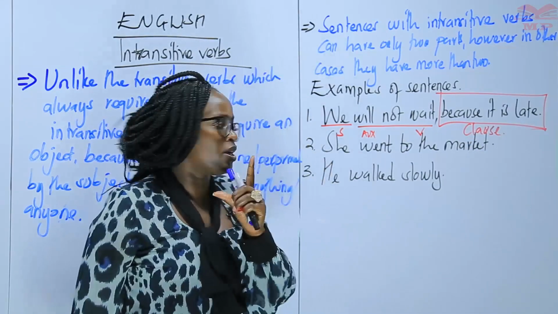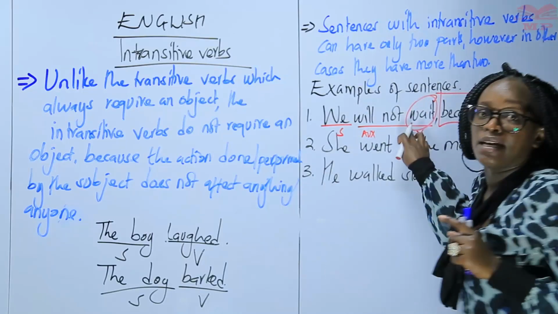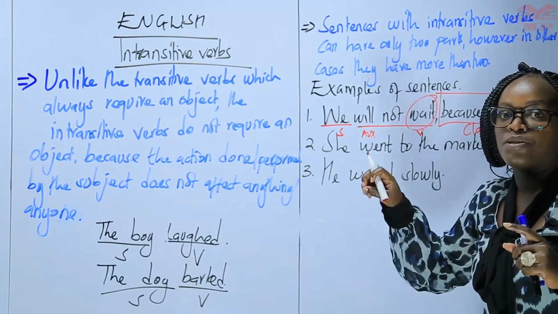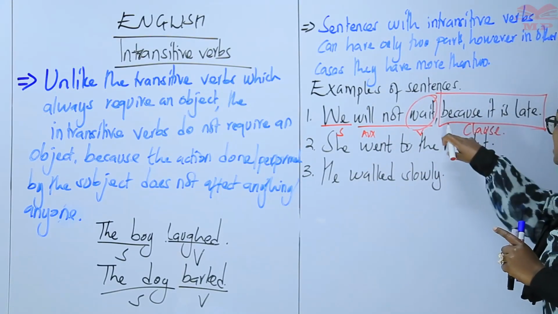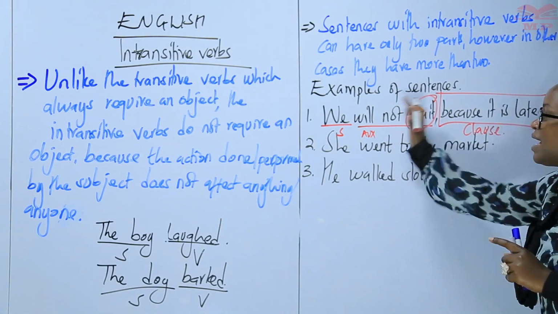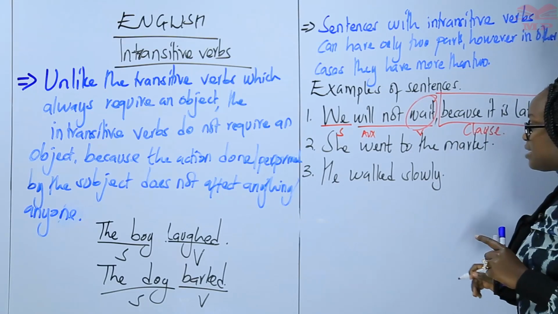But what I want you to take note of is the fact that wait here is actually an intransitive verb because it does not require an object for it to communicate. And then what comes after wait is actually a clause. This clause is just completing this sentence.